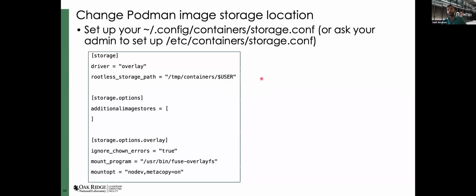Of course, what this means is that if you have an HPC system with multiple login nodes, and you log into a login node, build an image with Podman, log out and log into a different login node, that image that you built earlier is not going to be visible, because it was built and stored locally on a different login node.